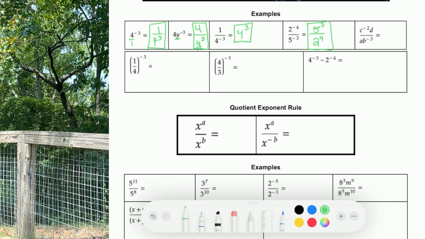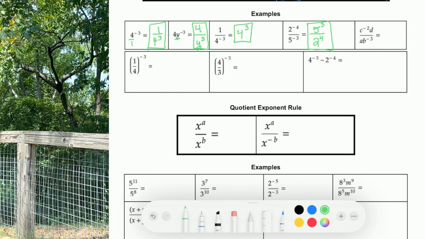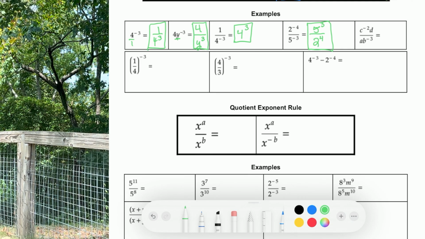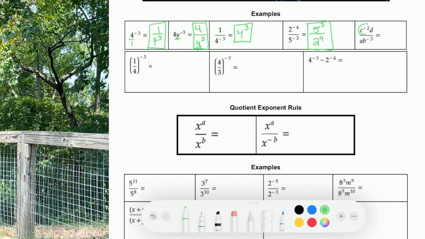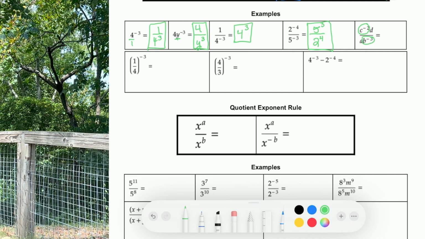The next one, I have c to the negative 2, d, a, b to the negative 3. Again, I only move what has the negative exponent. I don't move anything else. So the two items that have that are the c to the negative 2 power and the b to the negative 3 power. The d and the a are not going to move.